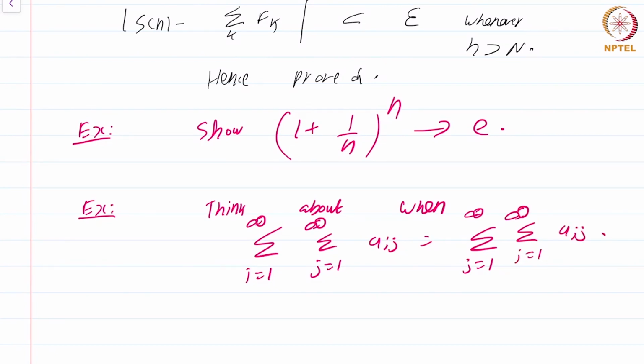So we have this double series. We are first summing over j, then summing over i. I'm asking when can you interchange? Think about it using Tannery's theorem. In the exercise set, I shall give you an exercise where you give a precise condition under which this is valid, and you will prove it using Tannery's theorem.